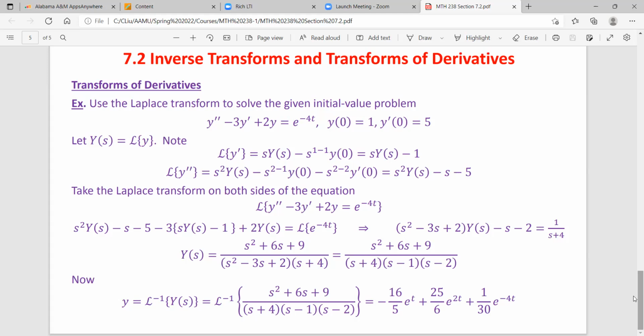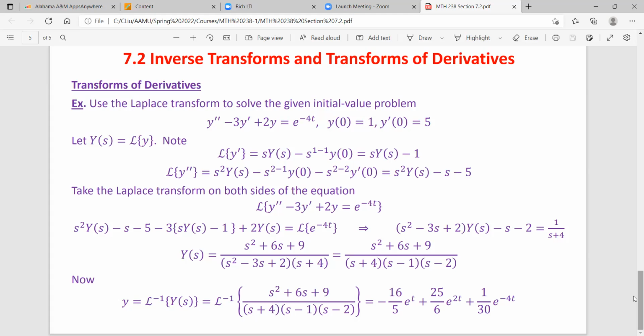Again, you can factor the denominator s squared minus 3s plus 2 as s minus 1 and s minus 2. So the whole thing becomes s squared plus 6s plus 9 over s plus 4 times s minus 1 times s minus 2.